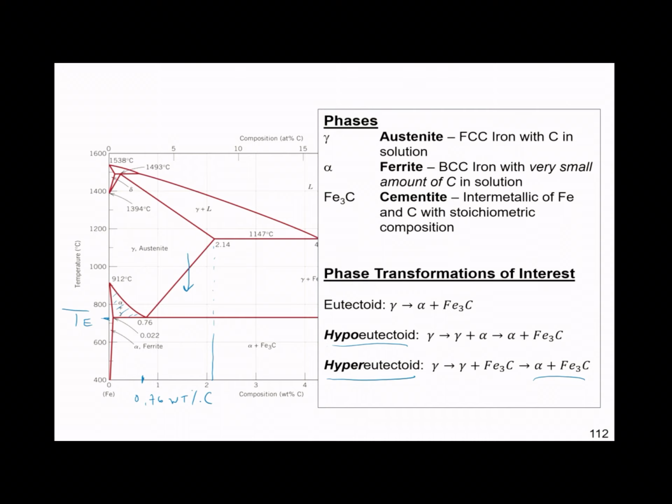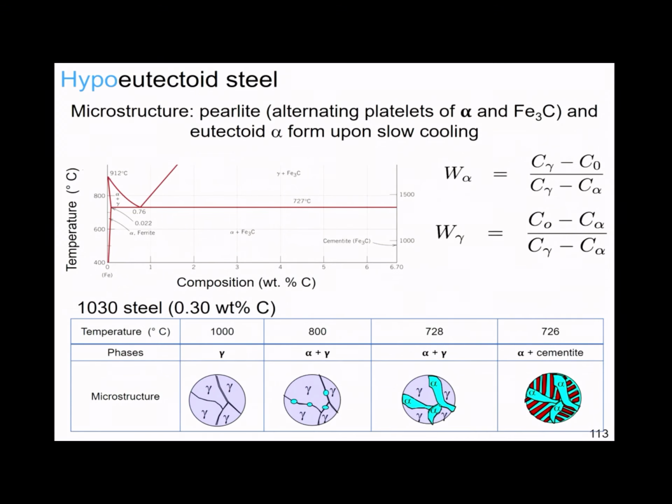So you can imagine the microstructures are going to be similar, with these blobs and the striped layered type structure. And that's exactly what we see. So for hypoeutectoid steel, we can use the same lever rule.